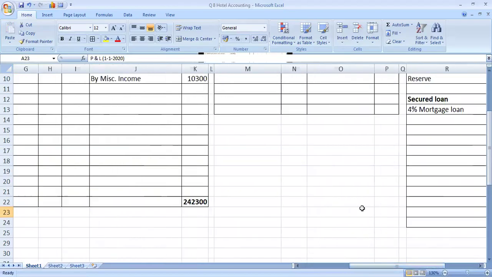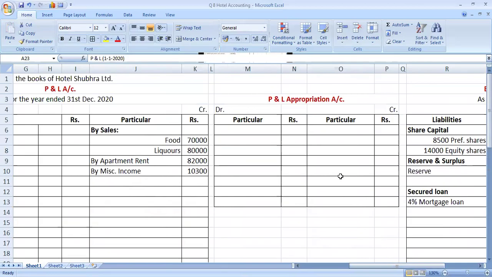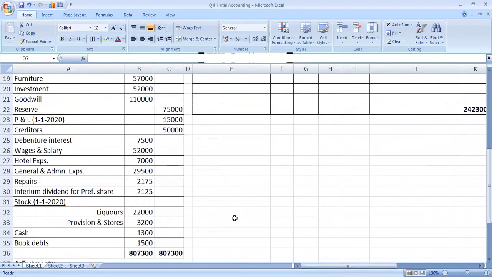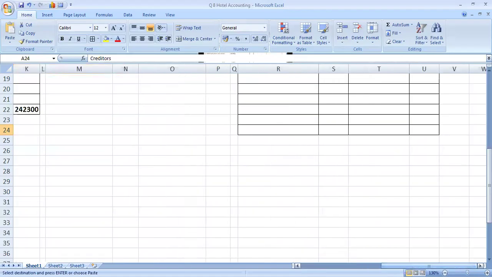This item goes to the profit and loss appropriation account credit side, by last year's profit 15,000. Next item, creditors. Creditors is a liability. This is a current liability.